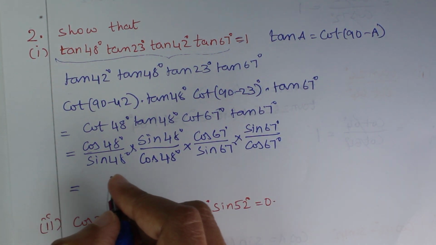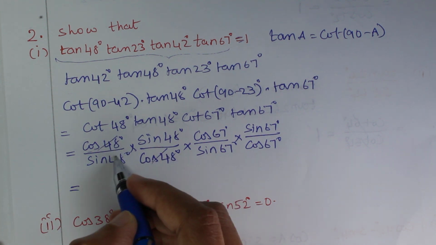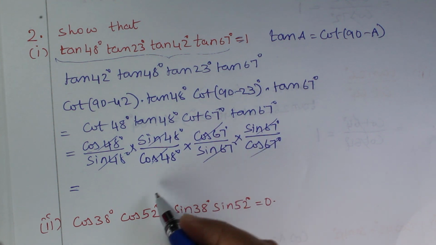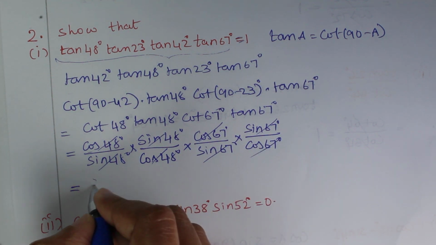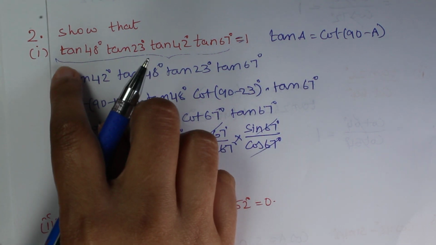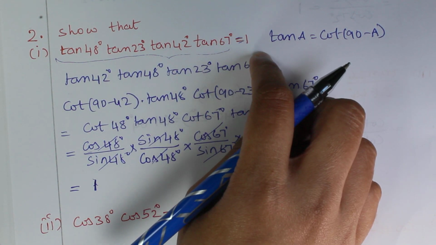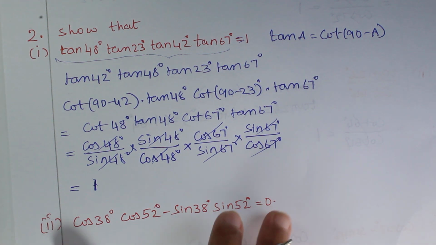Okay, cos gets cancelled, sine gets cancelled, sine 67, cos 67 cancel. So the product becomes 1. So it is proved that tan 48 into tan 23 into tan 42 into tan 67 is equal to 1. Hope this is clear for you.